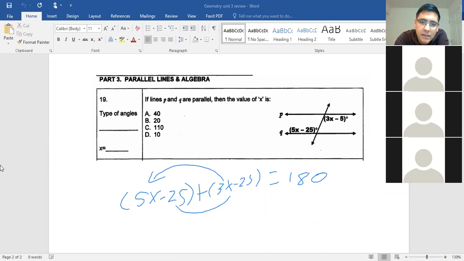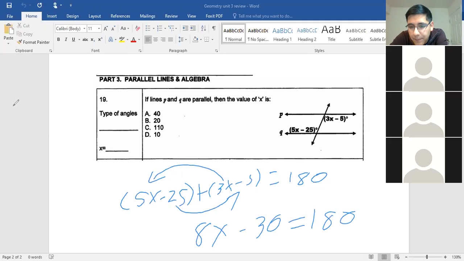So 5x and 3x, which would be 8x, and then -25 minus 5, which is -30, right? And so that's how we would set up the equation if they were supplementary.